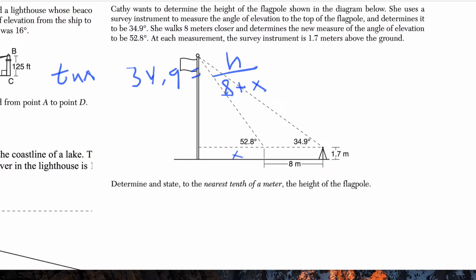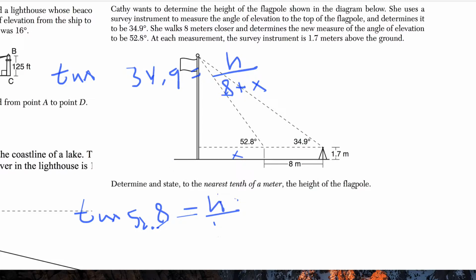And then on the other side, the second formula is tan 52.8 equals opposite h over x. Okay, so they solve them both for h, and they set them equal to each other.